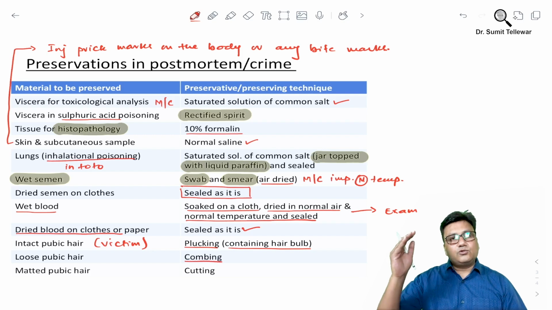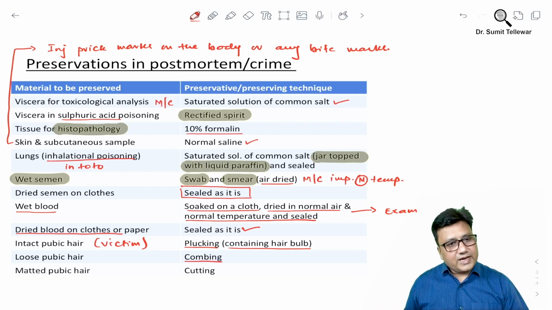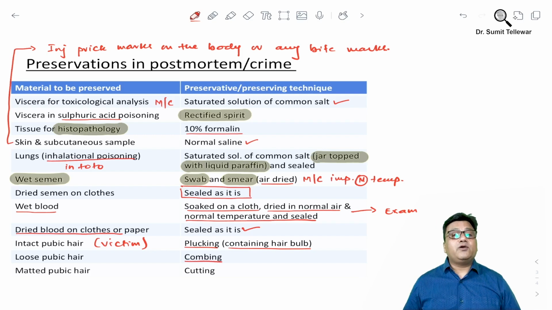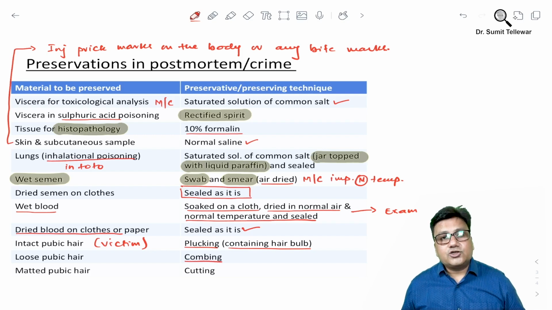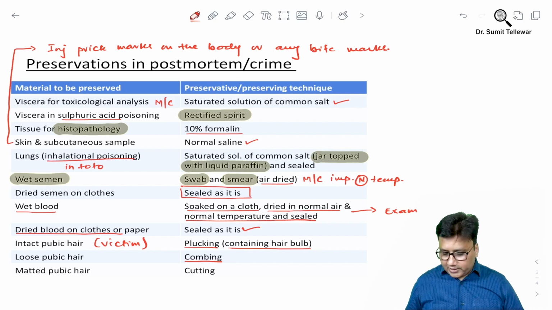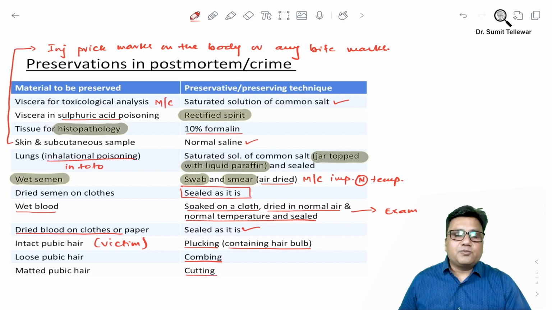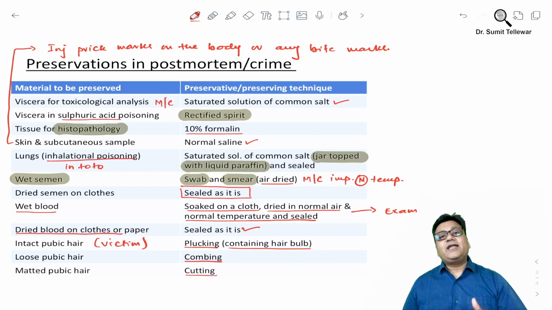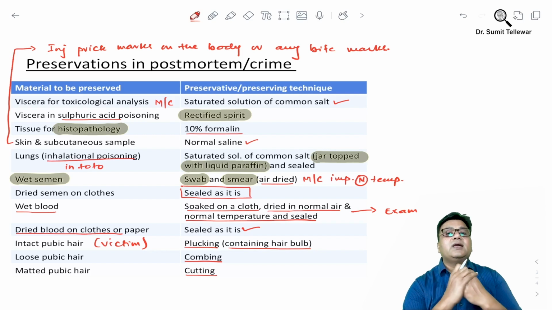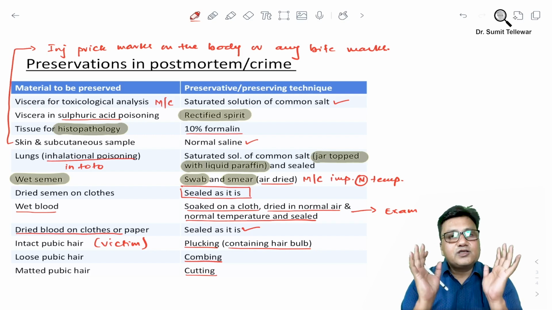Anything loose can be combed out. And matted pubic hair, the matting could be due to any kind of seminal ejaculation, so we need to cut them. So there are 3 techniques: plucking, combing and cutting, that we need to remember for preservation of intact pubic hair, loose pubic hair and matted pubic hair respectively.